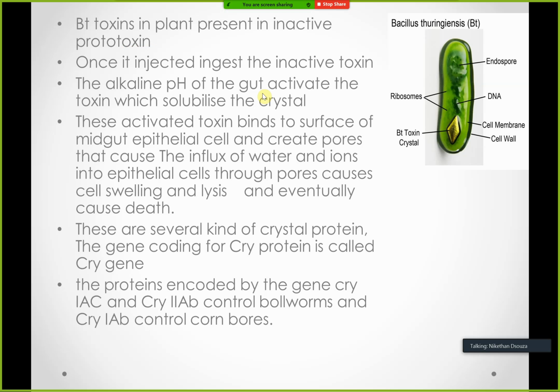Through the pores, water gets influxed into the gut cell, and cell lysis takes place. Eventually, the death of the insect takes place. I told you the cry proteins, Cry2Ab, which controls bollworm, and Cry1Ab, which controls the corn borers.